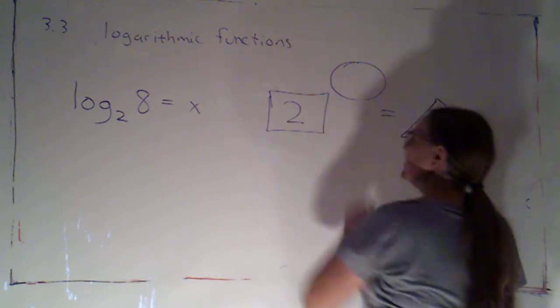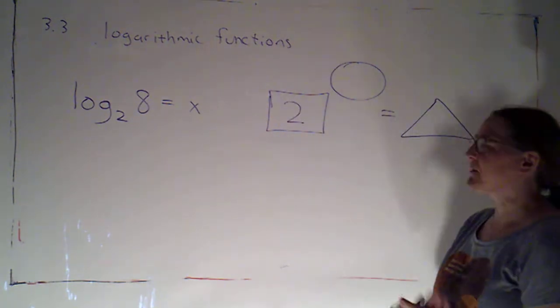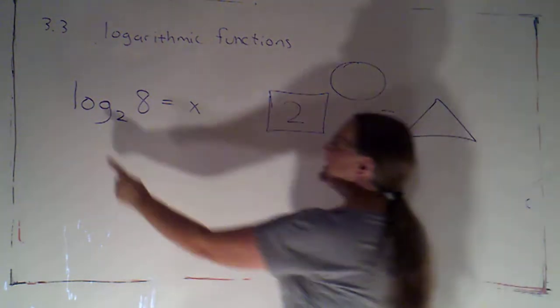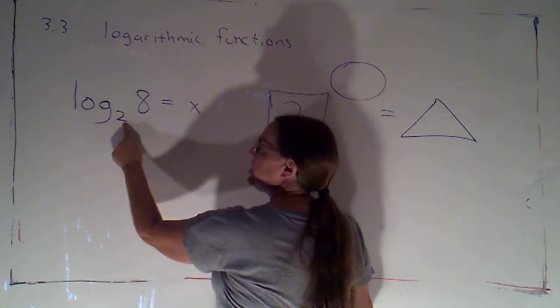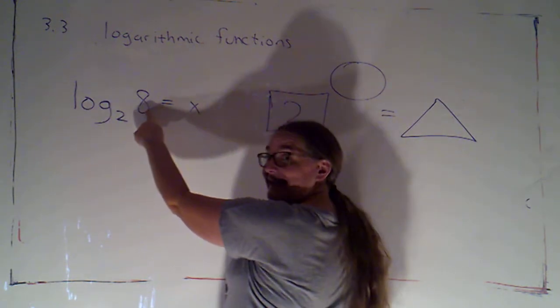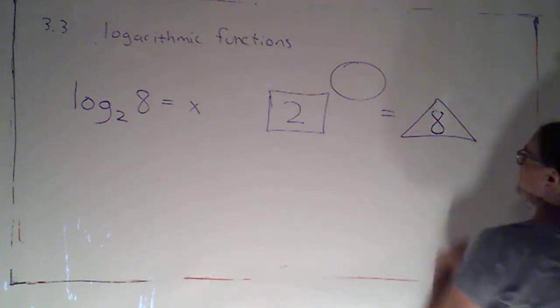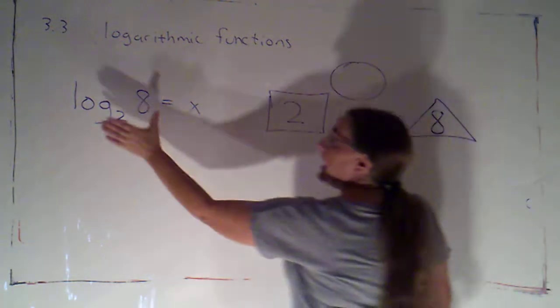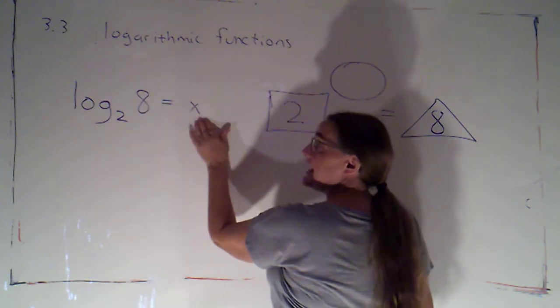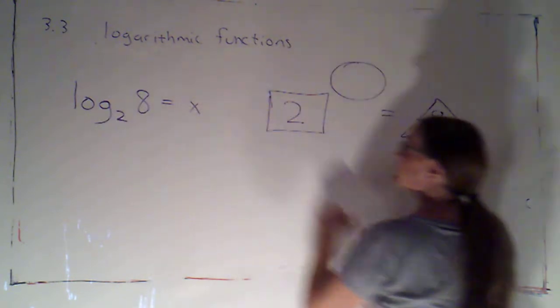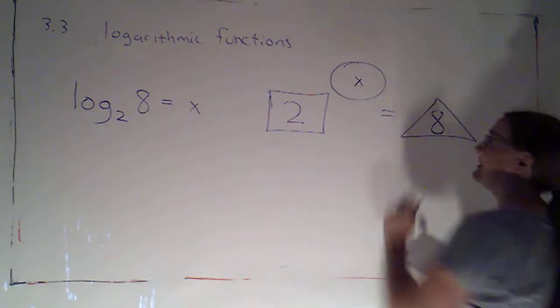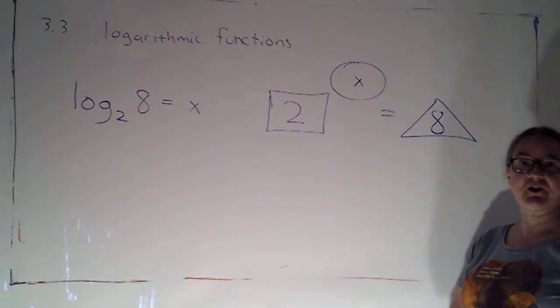Let's put 2 in the square, because that was where we put the base. Okay. The exponent I need when 2 is the base to get 8. 8 is the result. Okay. And then if I'm saying the log is x, I'm saying the exponent is x. So x goes in that exponent position.